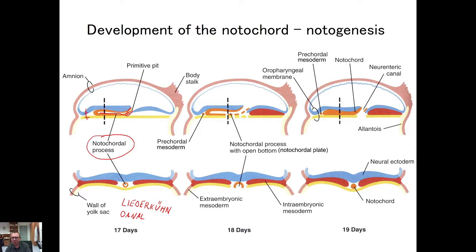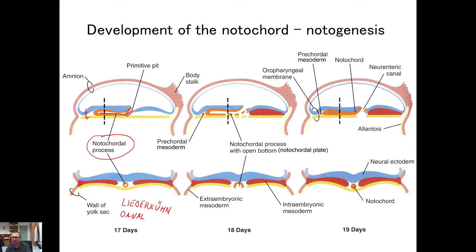Before the notochordal process is reaching this area, other cells are migrating here, probably also from the primitive node. These cells are very important inductive cells, inducers. They are called prechordal mesoderm or prechordal plate.